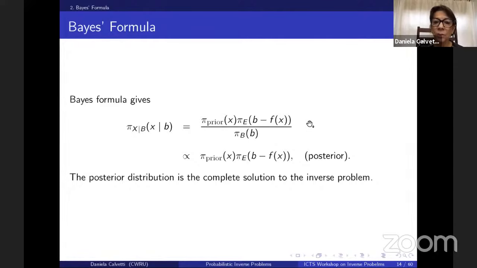So I'm taking into account all of the uncertainty in the data that I'm observing. I'm multiplying this by the prior of X, which takes into account what I can say about X independent of the data. And I'm dividing this, normalizing by how probable the data is.